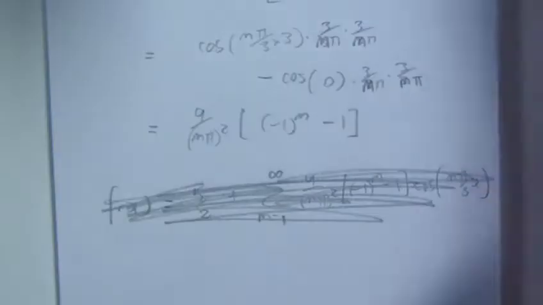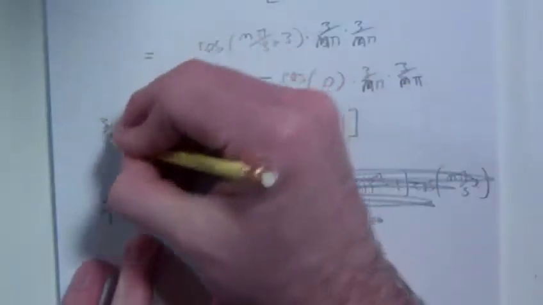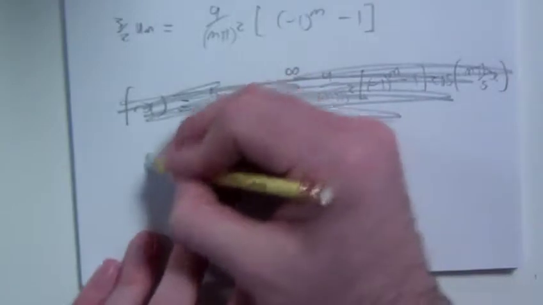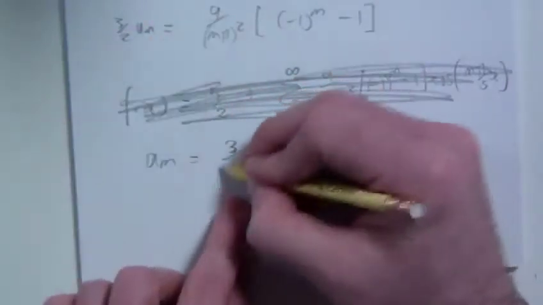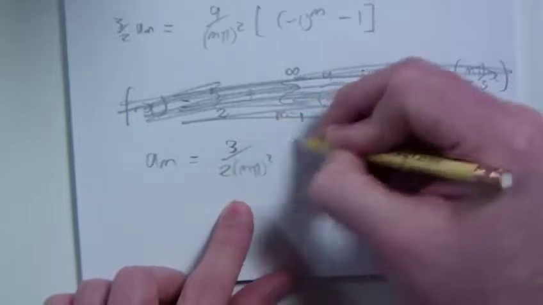So I'm actually going to get that A_m is, divide both sides by 3, is actually that.